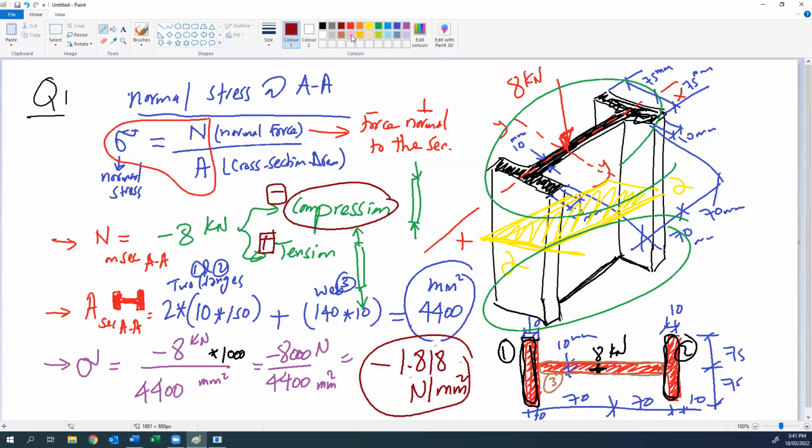Okay, what does this negative mean? This sign means this section is under compression or tension? Compression. Okay, so that's it for question 1. We have done the normal stresses. So I will pause the recording now.